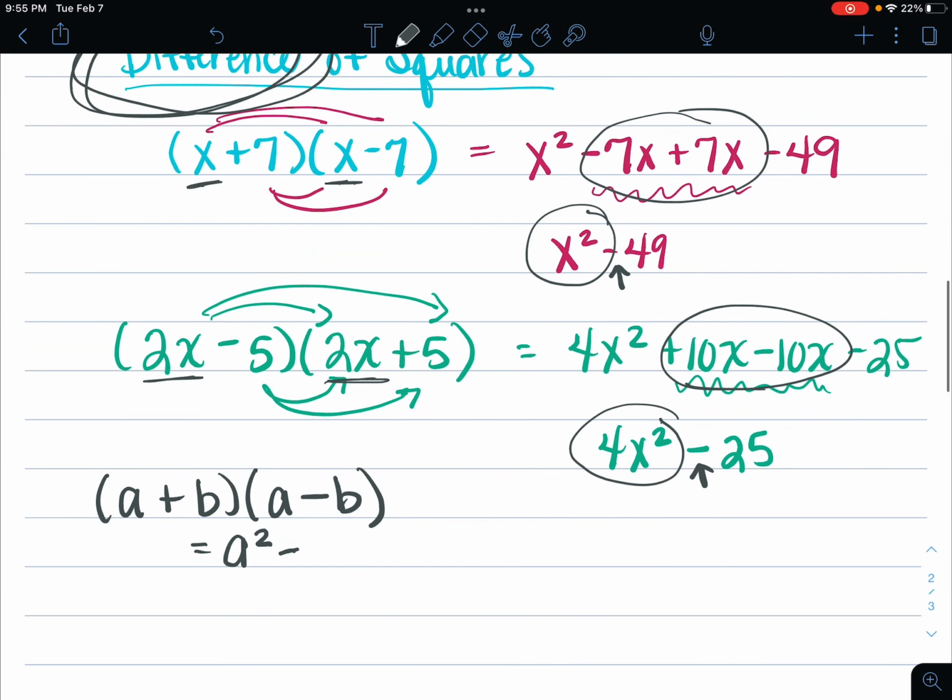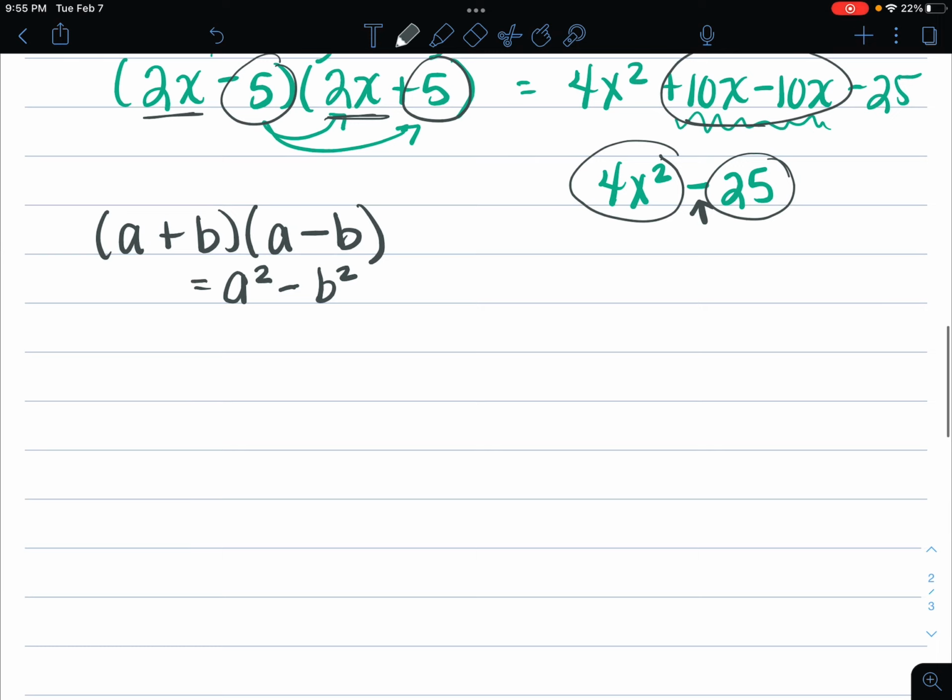It's a subtraction sign. And then again, notice how my last term, 7 and 7, happens to be 49, right? 7 squared is 49. 5 squared is 25. So it's minus b squared. That's why it's called the difference of squares, because you are subtracting a squared and b squared.